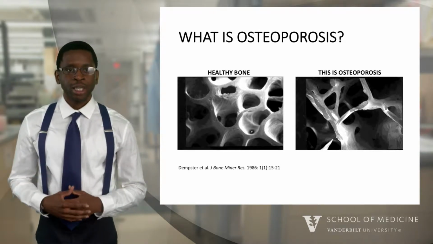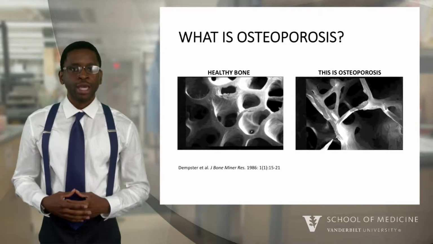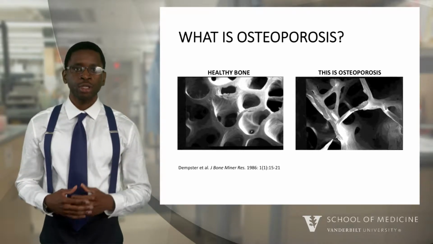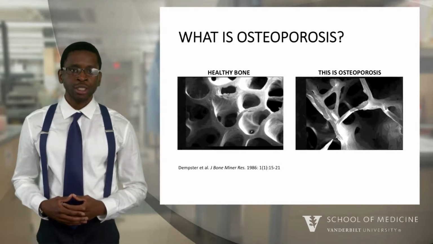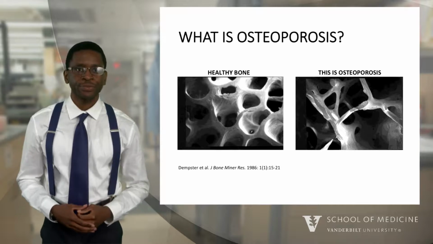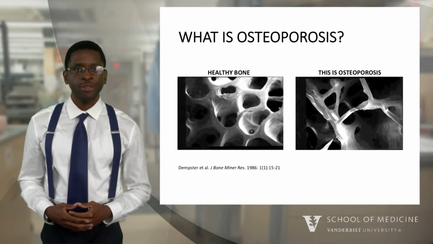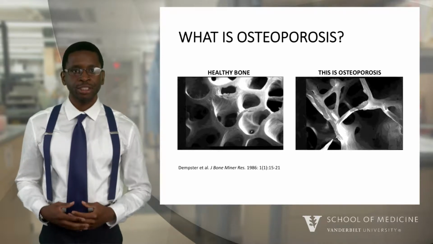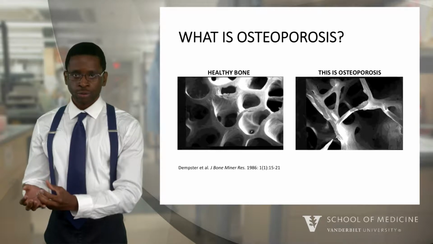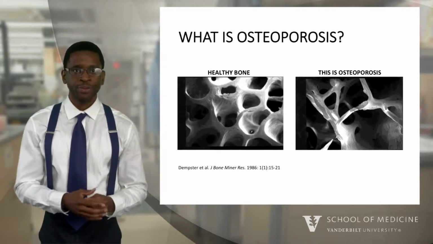Our bones stay healthy through the normal process of remodeling that constantly removes older bone and replaces it with new bone. As you can see, this picture illustrates what normal bone looks like. However, bone loss takes place when this delicate balance is impaired, leading to more bone removal and less bone replacement.